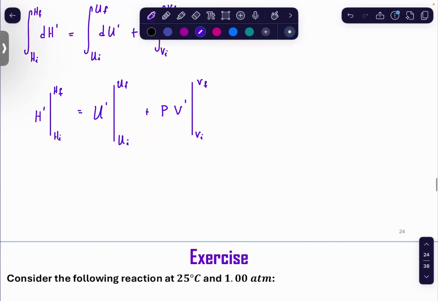Okay, and so I'm going to get H final minus H initial equals U final minus U initial plus P times V final minus V initial.